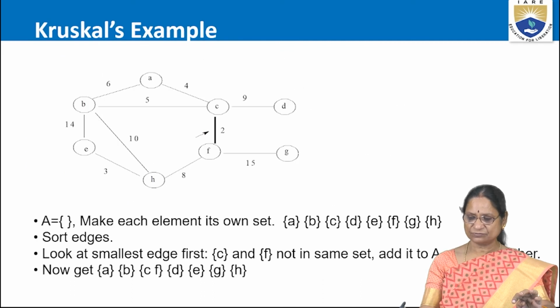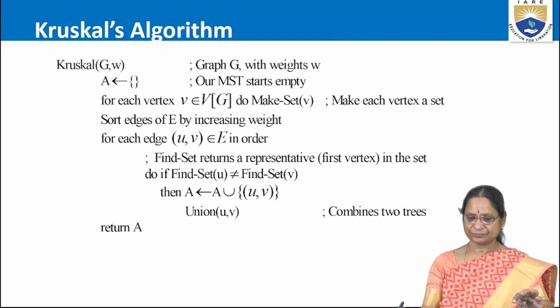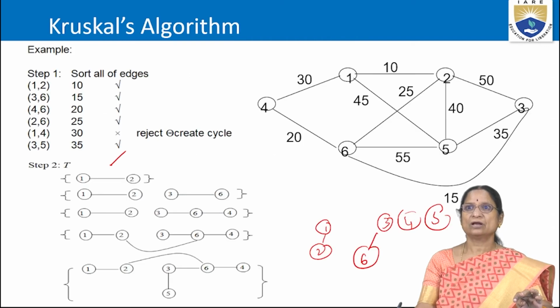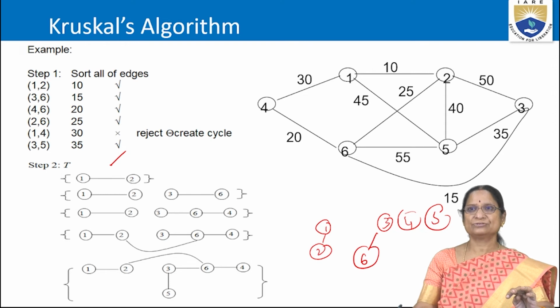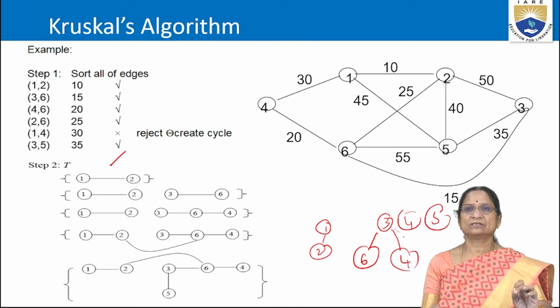So when we are considering this 4 6, 4 belongs to a different set and 6 belongs to a different set, so that can be added. So 4 can be added as a child to 3. So we can consider like this.